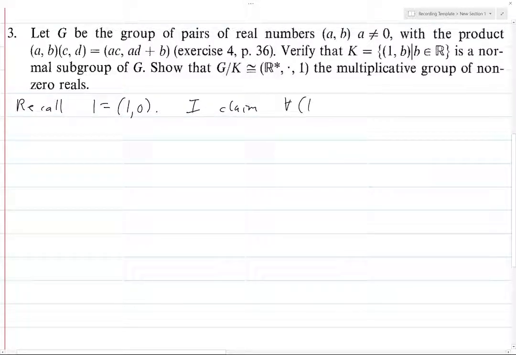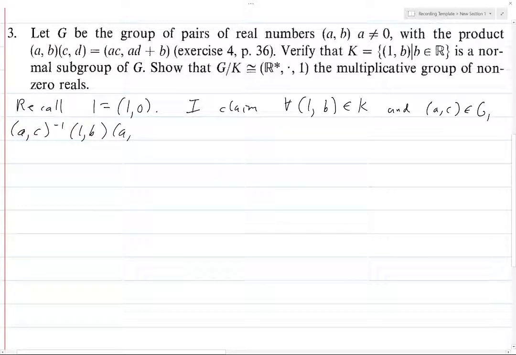Claim: for all elements (1, b) in K, and we'll call it (a, c) in G, a here, of course, is not 0, we have (a, c) inverse (1, b) (a, c) is in K.